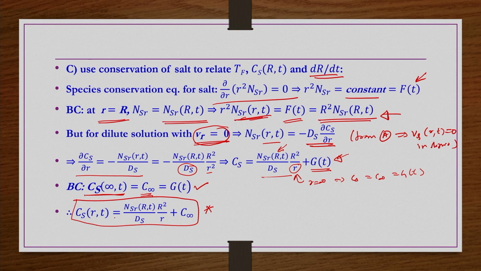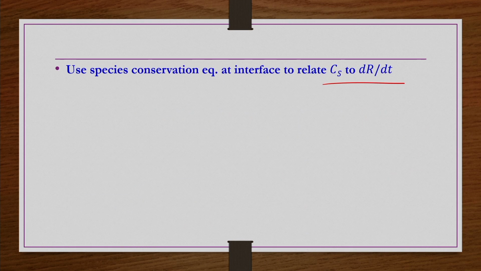So, now here Cs is related to r, and this r is related to time, but we want Cs related to dr by dt. So, that we can get by using the species conservation equation at the interface.